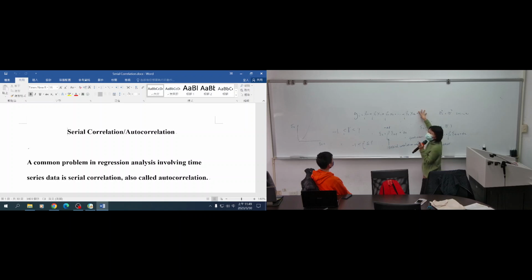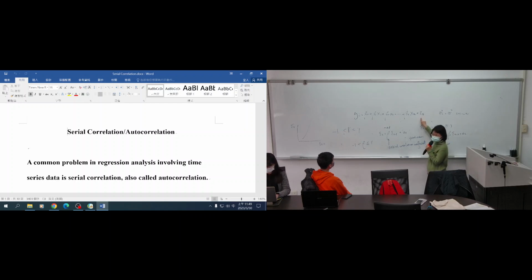You need to have the concept correct. Multicollinearity deals with the x variables, and the correlation is among them. But heteroscedasticity is about the residuals, and serial correlation is also about the residuals.